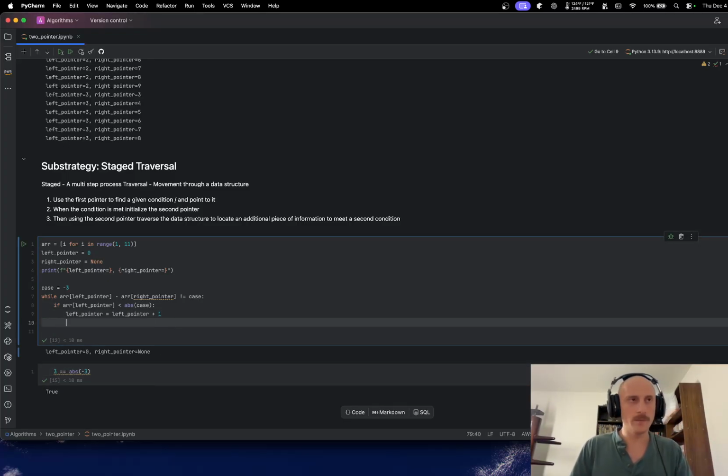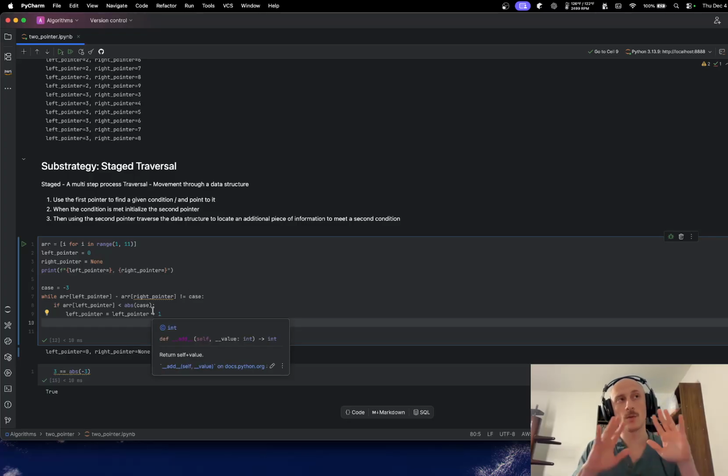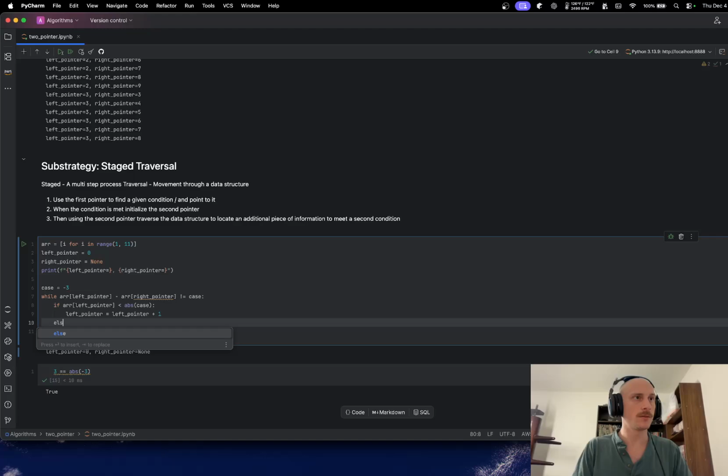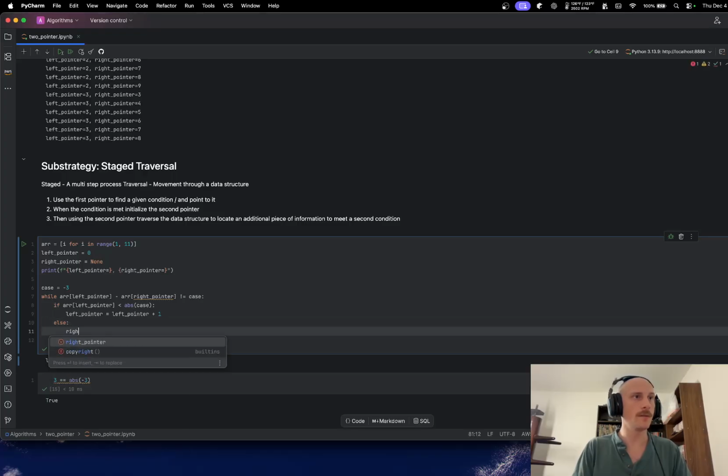So once we've met this case, this is going to be a one-step example because, again, simplicity's sake. If, else if, else, we're going to say right pointer.